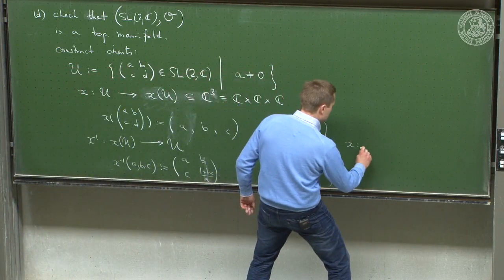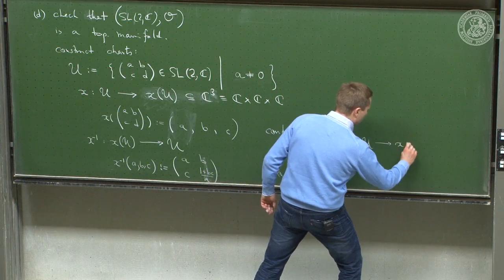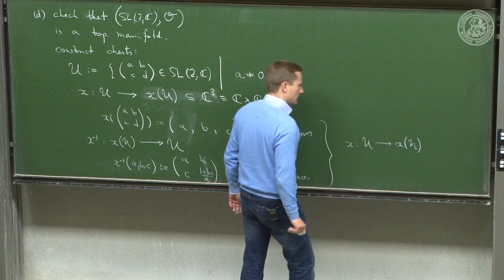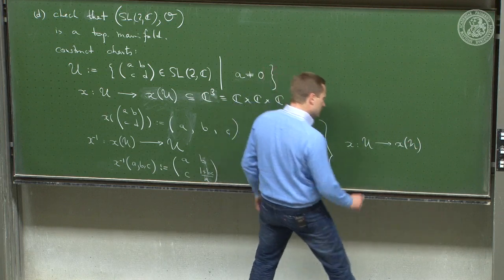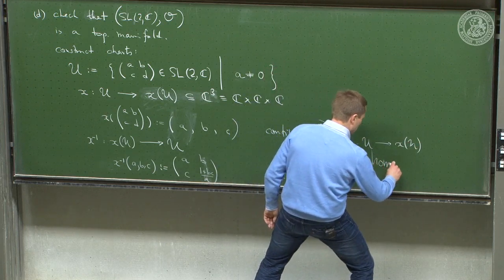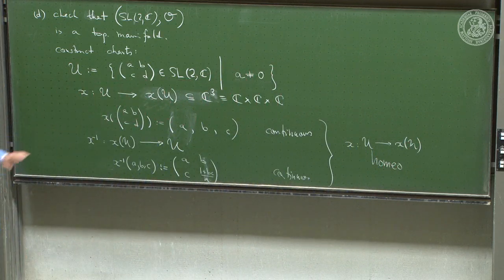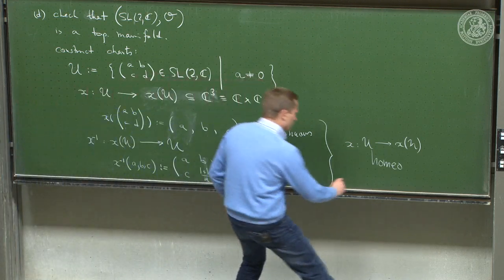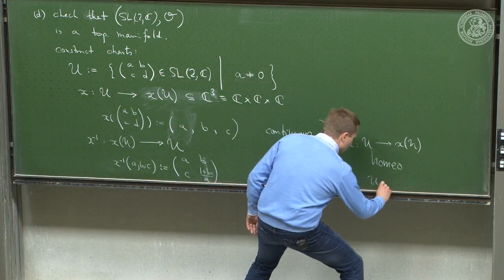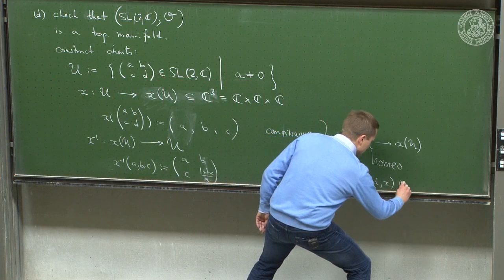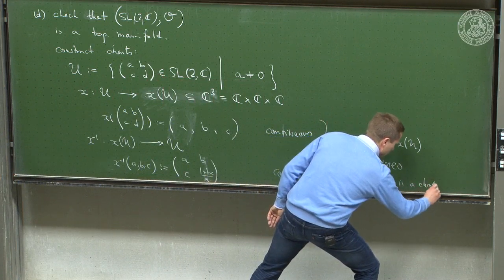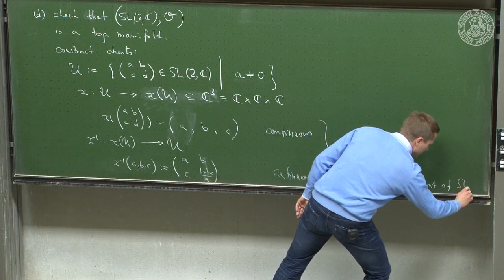That means X from the chart domain U into the image in the chart is a homeo. So local homeomorphism of the SL2C, this guy is a homeo. In fact, it is a chart. That is, U with X is a chart of SL2C.